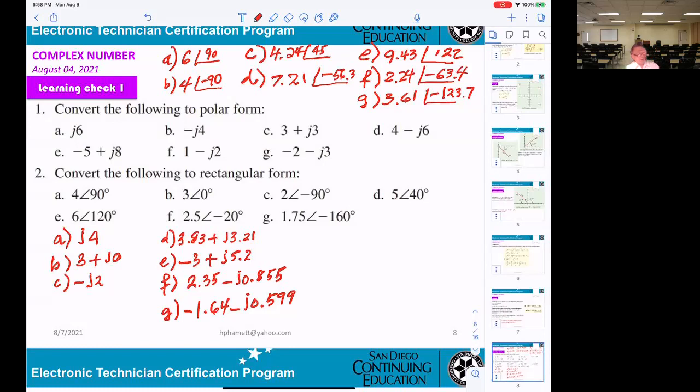On the test, I'm not asking about complex numbers, but you can use complex numbers to solve AC circuitry to get the right answer. Okay, any questions? Thank you, Mr. Pham.